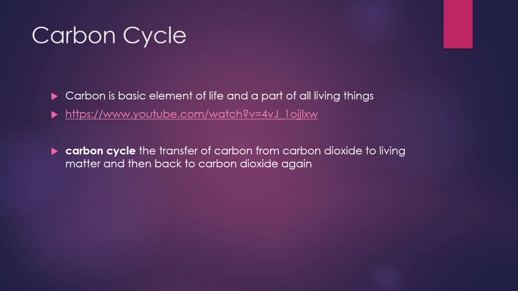Carbon is the basic element of life, and we help in the carbon cycle. We're just returning carbon back into the atmosphere. Most carbon is stored in the atmosphere. Plants take carbon from the atmosphere and convert it into food. Then we eat some plant, or we eat an animal that has eaten that plant, and then we return it back into the soil.